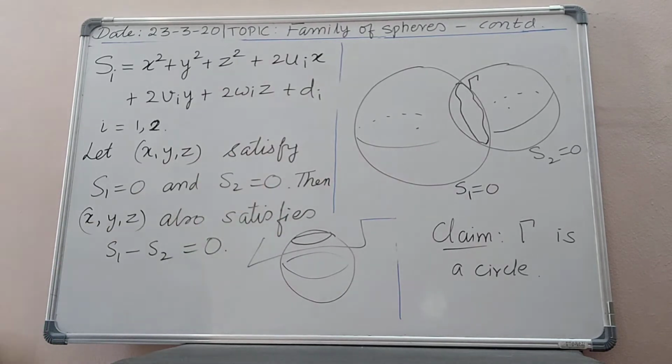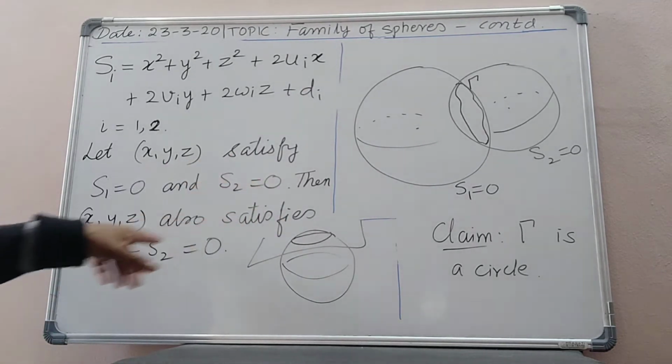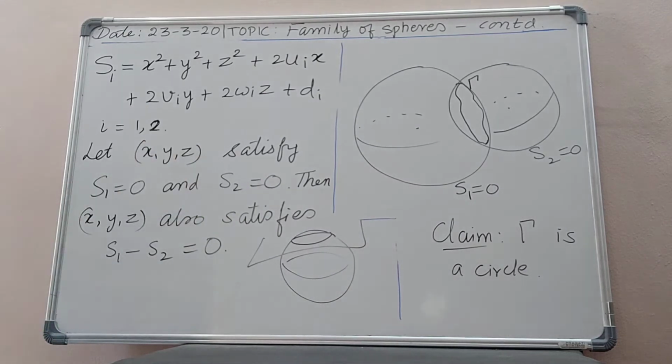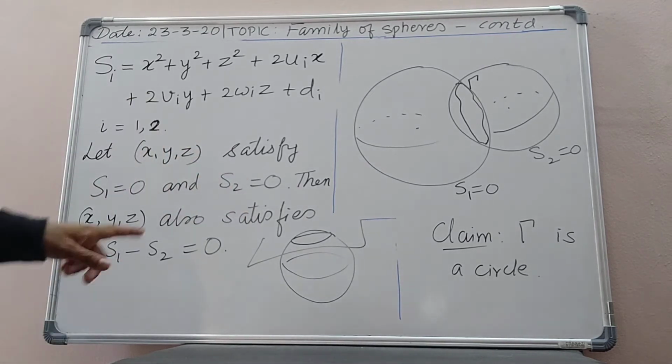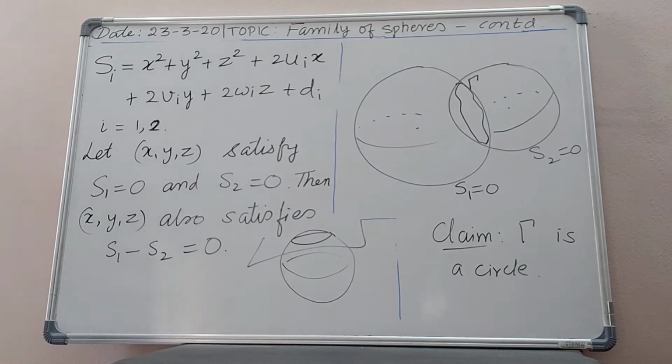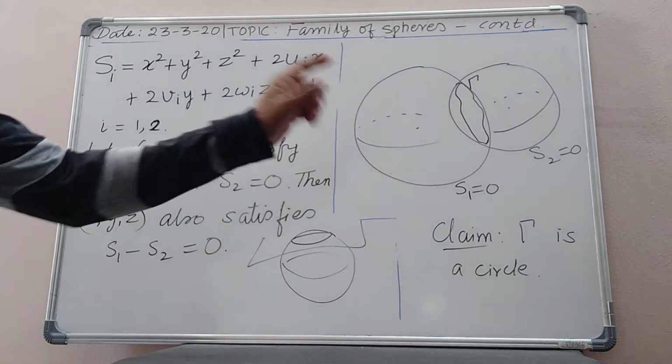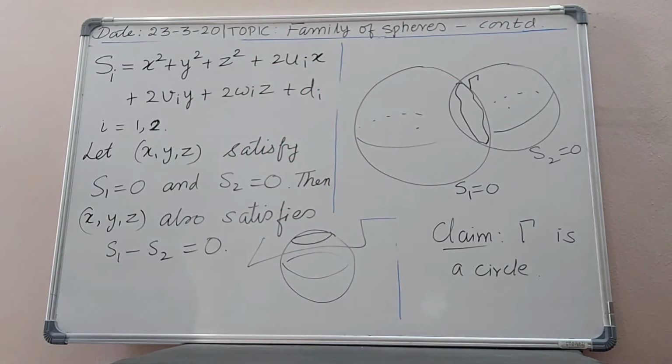But then this circle cannot be different from the circle S2 equal to 0 and the plane S1 minus S2 equal to 0. Why? Because you're looking at a simultaneous solution of this and also this. So I hope it is clear to you that the curve gamma is actually a circle.